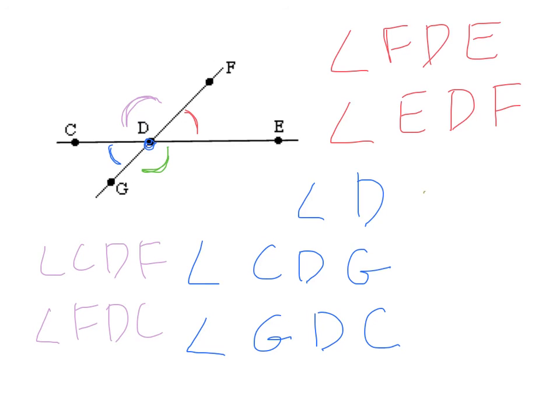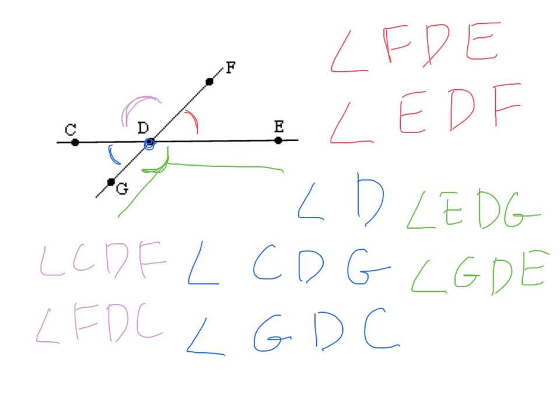Hopefully you thought either angle EDG or angle GDE. It gets confusing, but if you follow this simple rule, it really makes it more simple. If you start in one end and go around, either way.